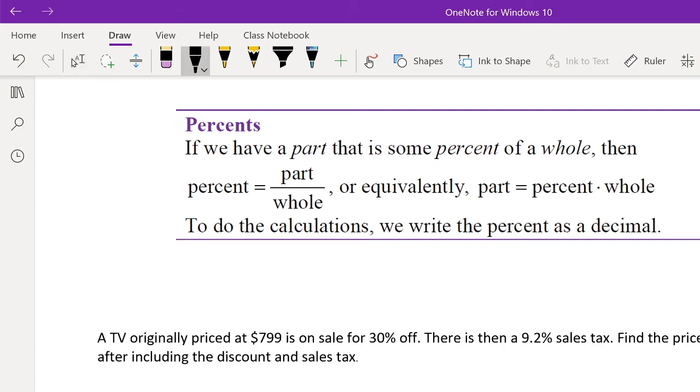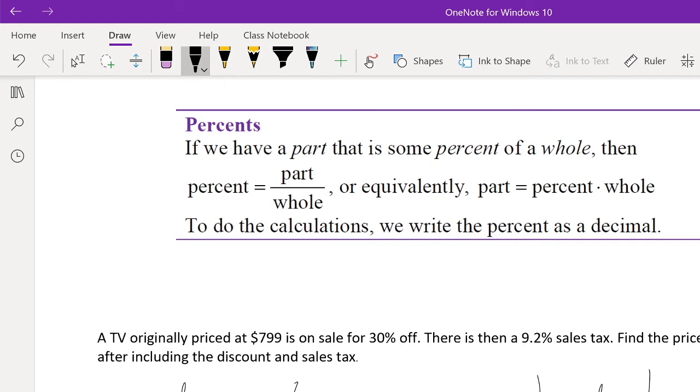So keep in mind the way sales tax works, it is applied to the cost of the item. And again, the cost is not $799, because it is on sale.